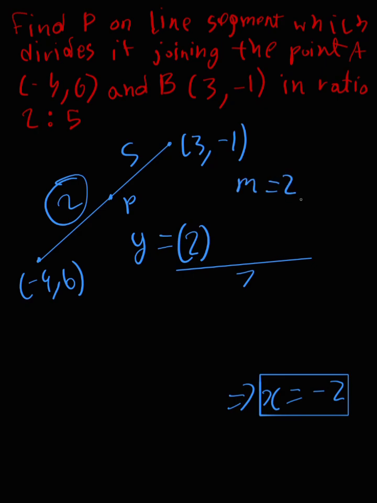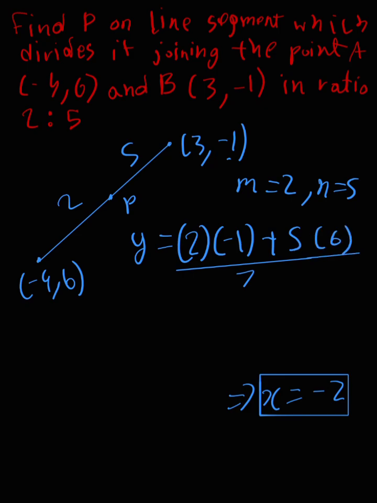Let me just add here, m value is 2, n value is 5. Okay, y2 is this minus 1, plus, now this will be 5 and 6. So upon simplification we will get that this is minus 2 plus 30 by 7.